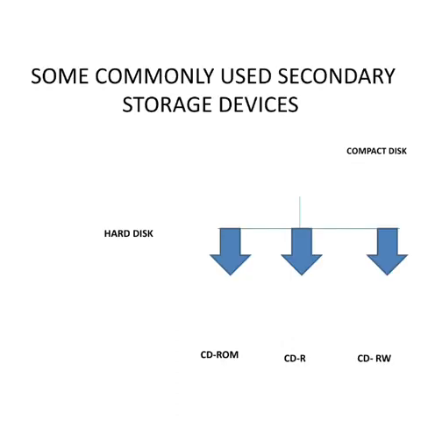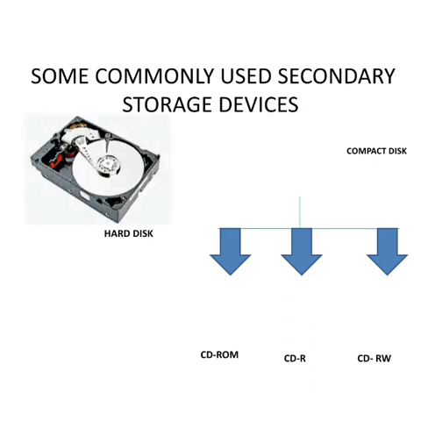Some commonly used secondary storage devices are hard disk, compact disk, and so on. Compact disks are divided into three types. So first is hard disk. This is the main storage device fixed inside the CPU box. It has huge storage capacity which can range from 50 GB to 5 TB.